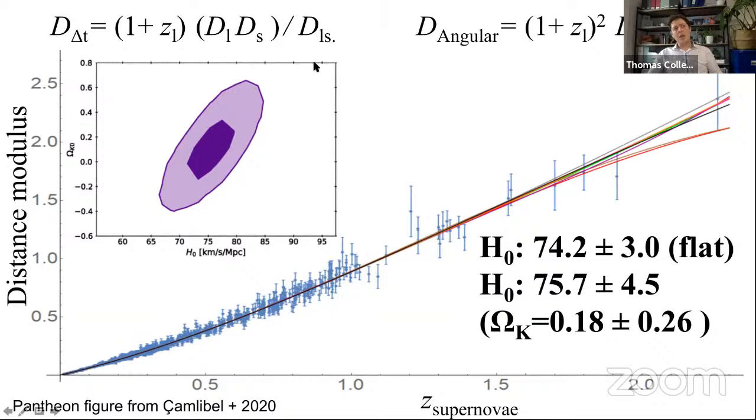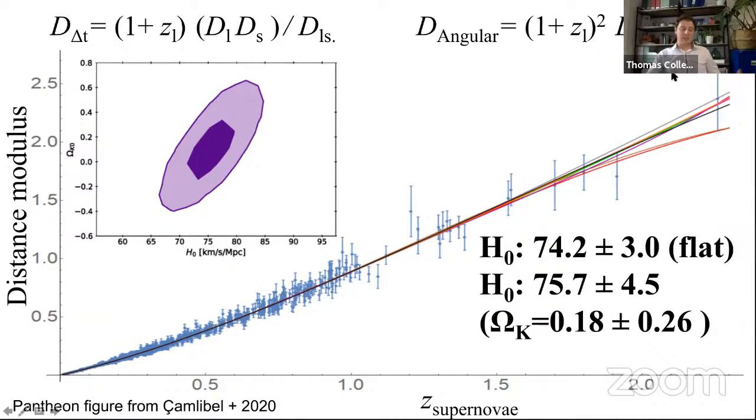Now, an alternative way that you can use these samples to learn about the Hubble constant directly is calibrating on unlensed type 1a supernovae. The fact that these are standardizable candles means that they tell you very precisely how the luminosity distance grows as a function of redshift. They don't tell you the absolute value of the Hubble constant because you don't know the absolute magnitude of a type 1a supernova, but they do tell you the shape of how these luminosity distances grow as a function of redshift.